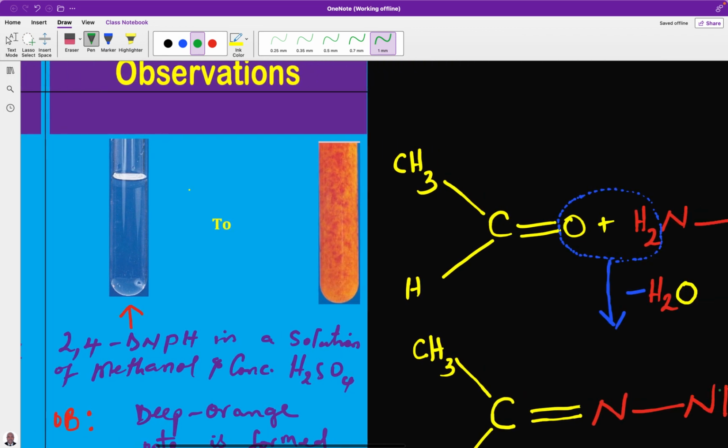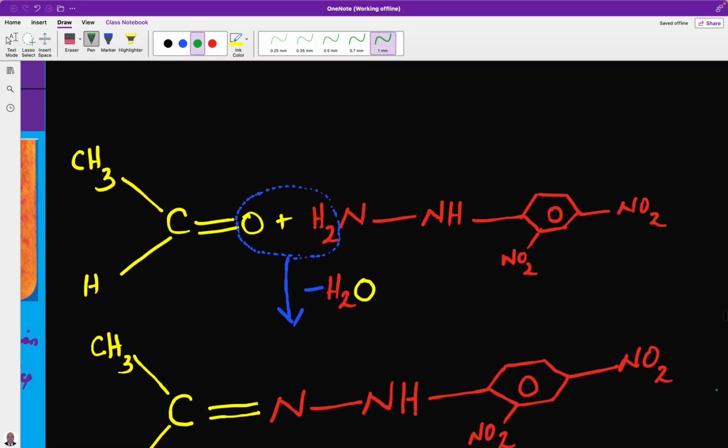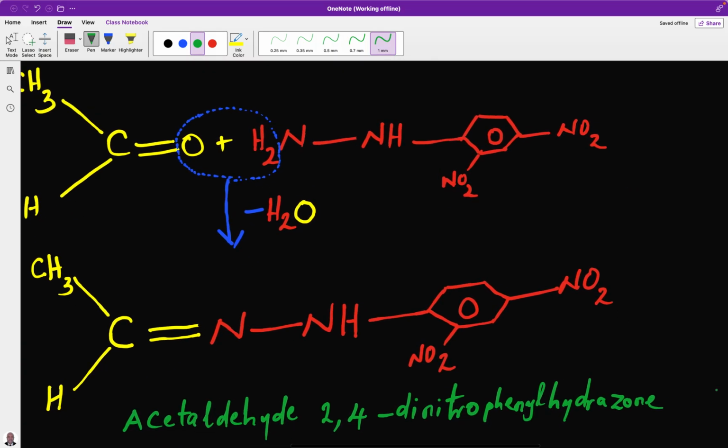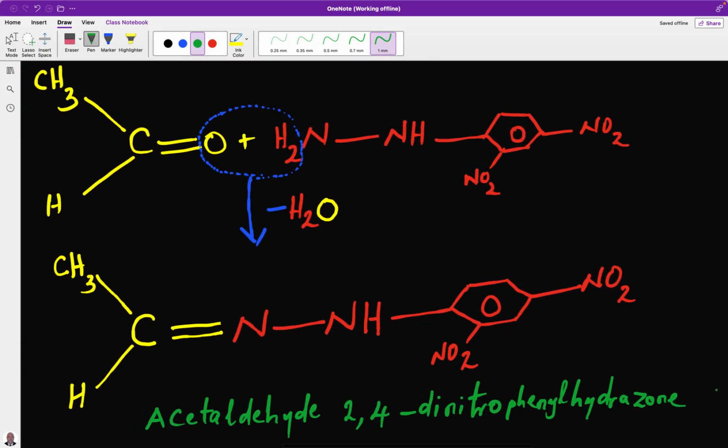Now, I am showing the reaction between ethanol and 2,4-dinitrophenylhydrazine, resulting in acetaldehyde 2,4-dinitrophenylhydrazone. That is the reaction, and a molecule of water is released.